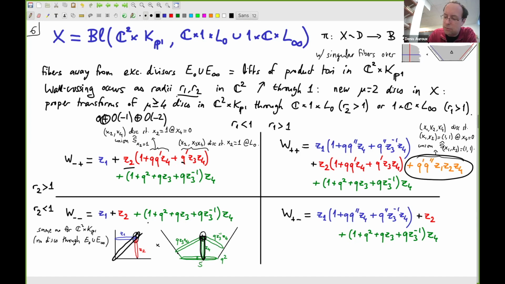But we arrange that when this disk passes here, it's exactly at the point 1, 1 where both blowups have happened. So that this sphere here hits exceptional divisors in 2 different places, and its normal bundle is even more negative. It becomes O of -1 plus O of -1 plus O of -2. So this is a Maslov 6 disk with a Maslov -4 sphere, and it's there. And it's the root of all of the problems we're heading into, in fact.